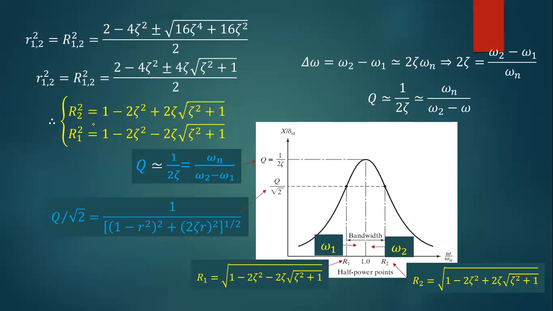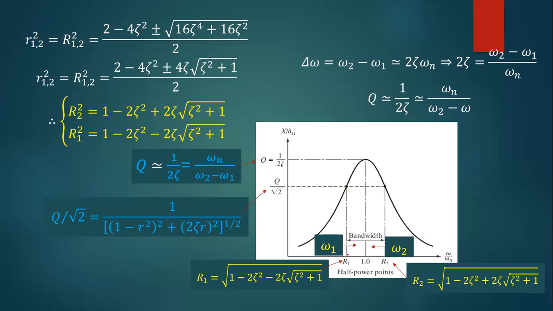So finally, we calculated and found R2 is equal to radical of 1 minus 2 zeta squared plus 2 zeta radical of zeta squared plus 1, and R1 is radical of 1 minus 2 zeta squared minus 2 zeta radical of zeta squared plus 1. So these are the two R values.